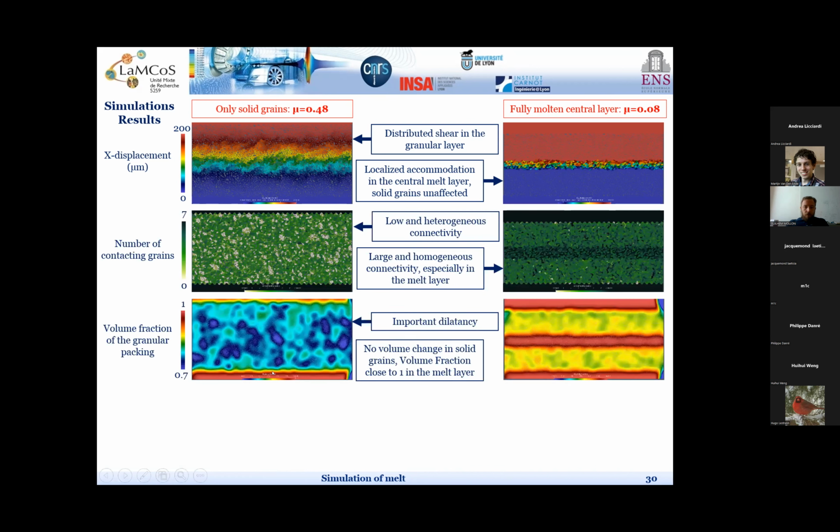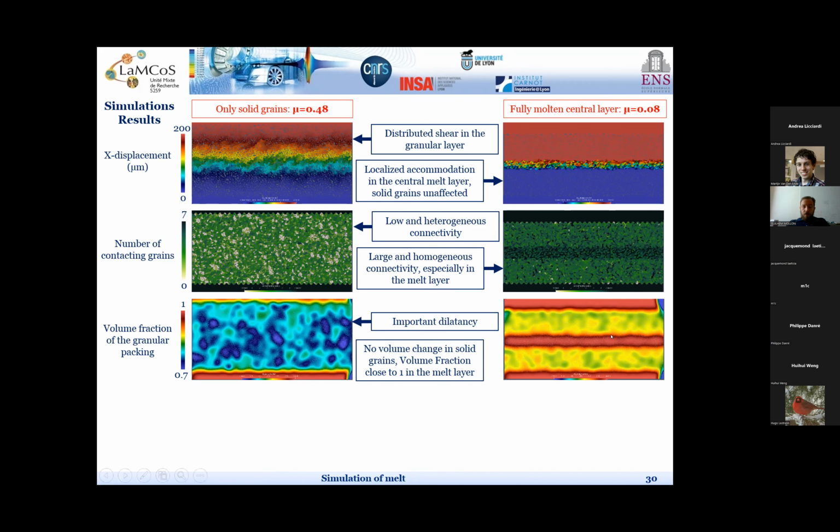I will give a few elements on the volume fraction. So in the case with only solid grains, we have quite a large dilation of the grains of the sample. This is very common in granular materials.